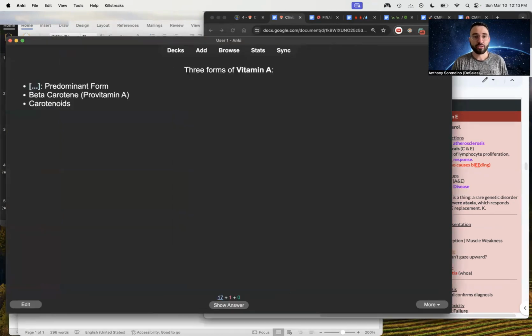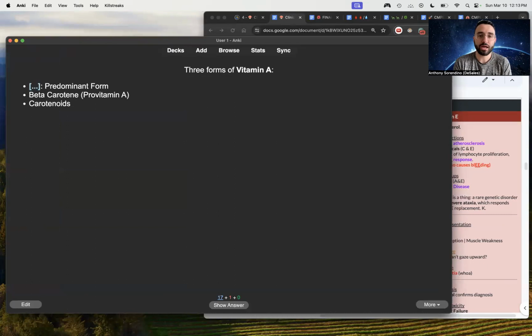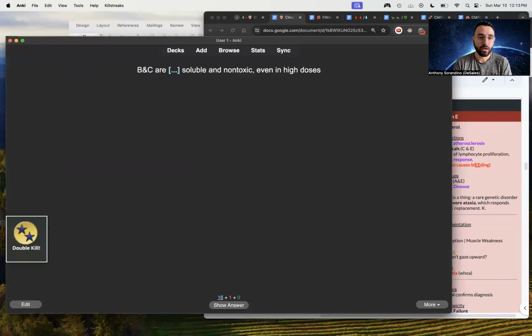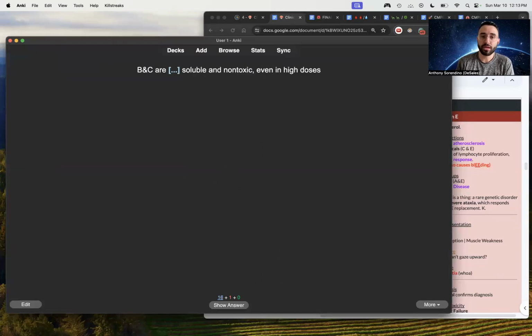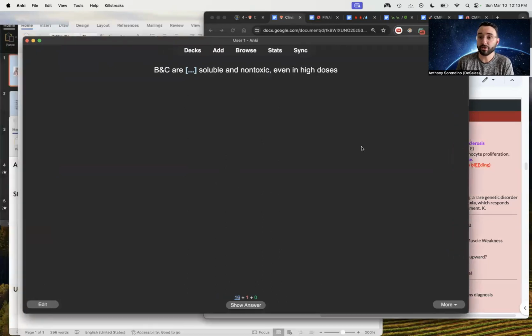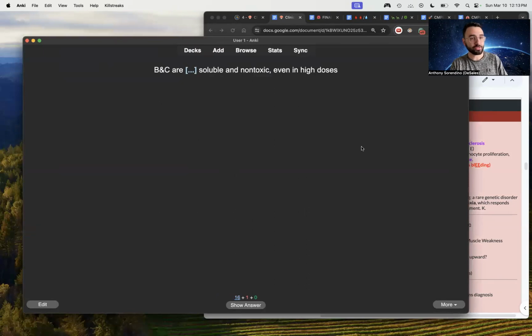We'll take that. 3 forms of vitamin A. Blank is the predominant form of vitamin A, beta carotene. Is it retinol? Yeah, we'll take that. I think these are all the retinoids. B and C are blank soluble, non-toxic, even in high doses. So A, D, E, and K are going to be fat soluble, right? So these are going to be water soluble.